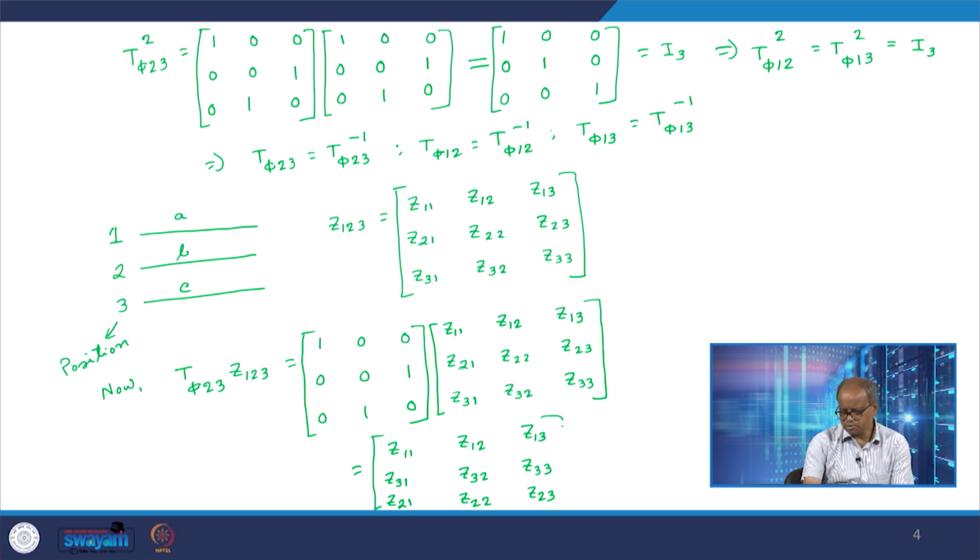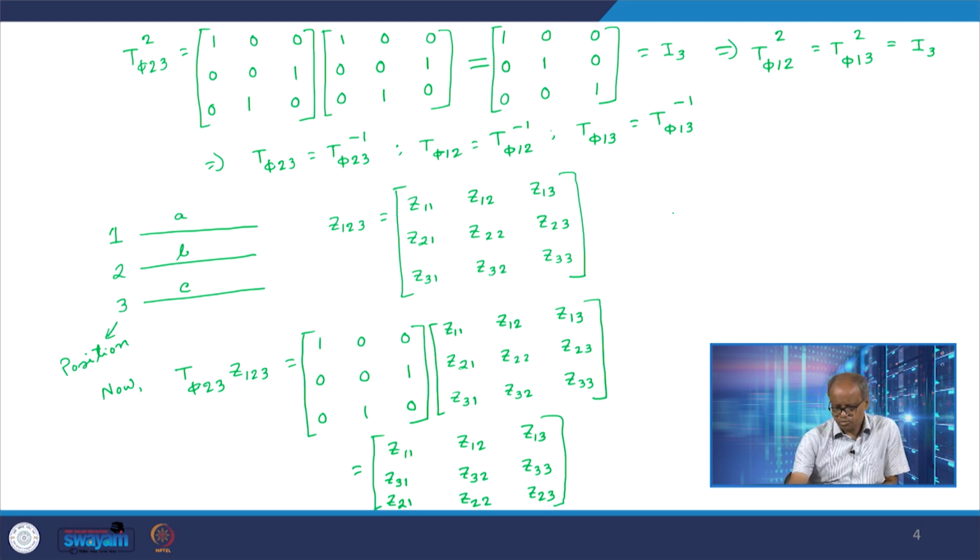So, what happens here essentially? When I pre-multiply the matrix Z 1 2 3 by T phi 2 3, essentially the second and third rows have been interchanged.